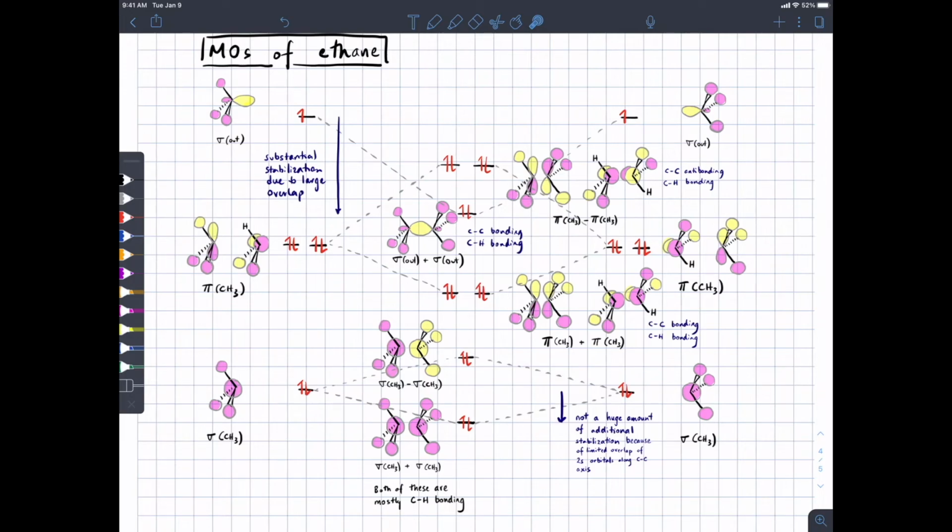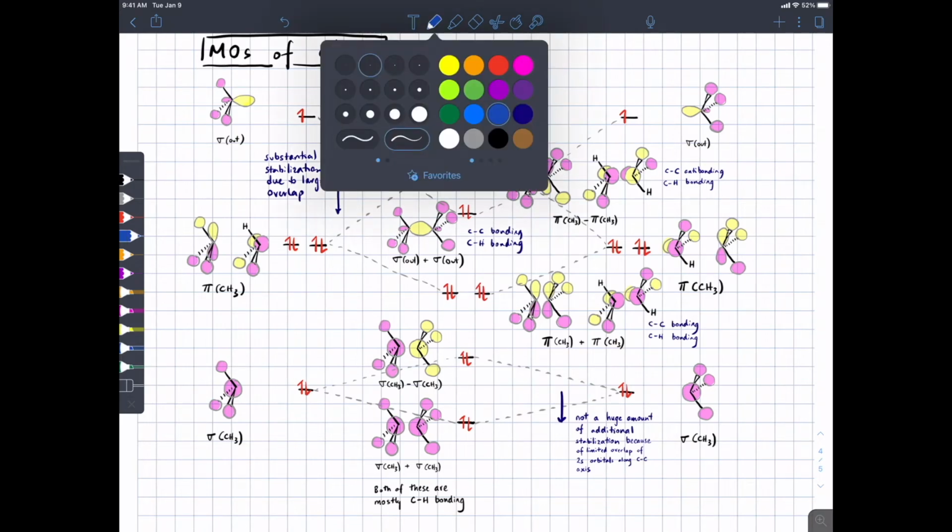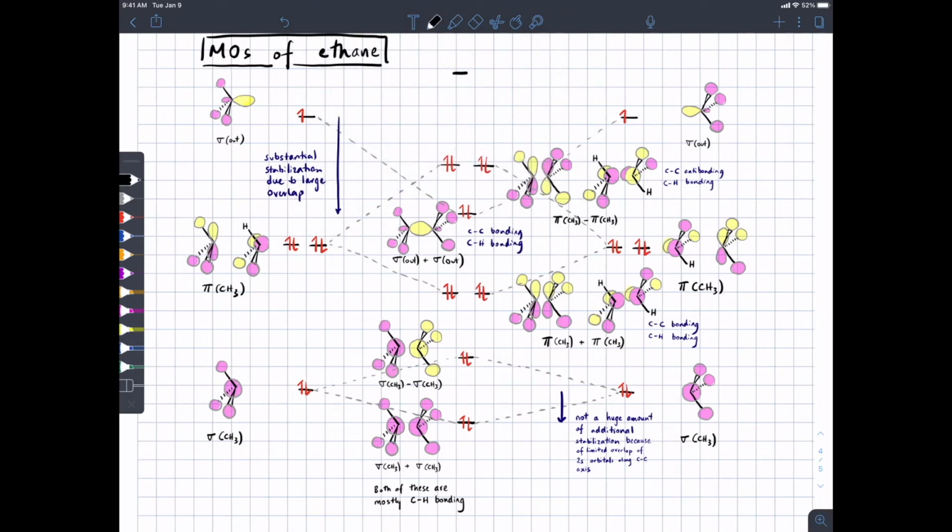One interesting feature of all of this, our valence bond theory would tell us that in ethane, you've got one carbon-carbon bond and six carbon-hydrogen bonds.